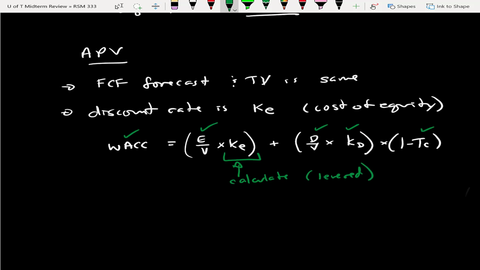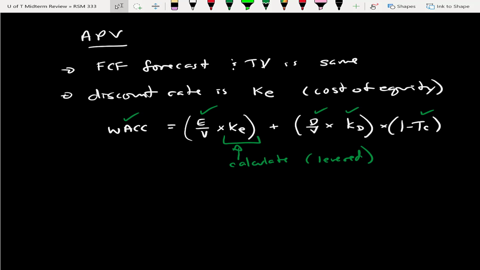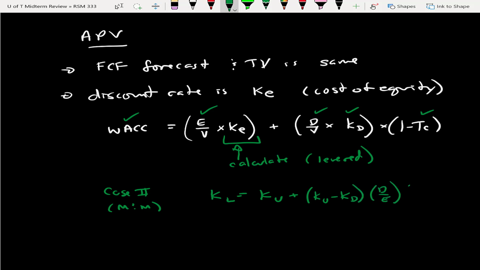So you may end up using this formula here from case 2 of M&M. And the formula is that the cost of levered equity is equal to the cost of unlevered equity plus the cost of unlevered equity minus the cost of debt times the debt to equity ratio times 1 minus the tax rate.